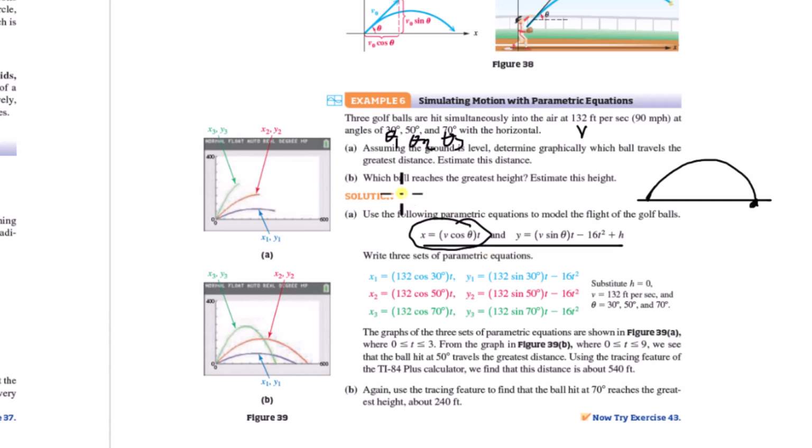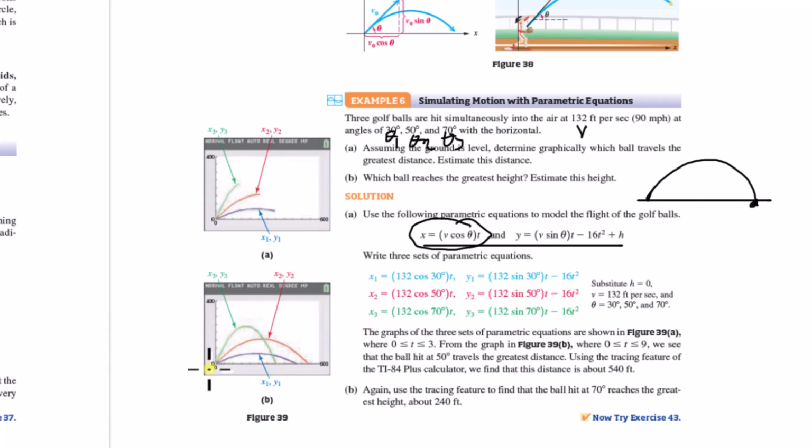Now it says, which ball reaches the greatest height? Estimate the height. Well, we could do this analytically using calculus, because the velocity in the y direction is going to be 0 at the maximum height, then it's going to switch to a negative velocity. But we're not getting into any calculus here. They just do a plot and use a trace feature.